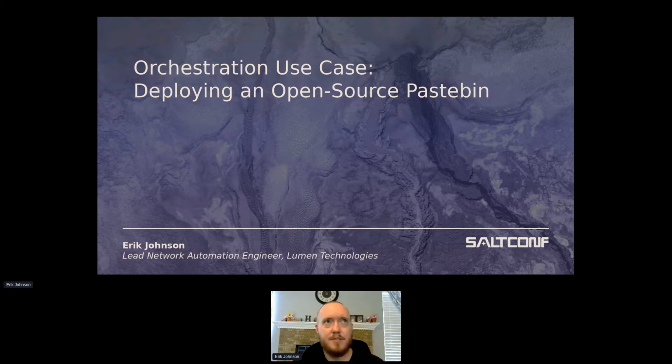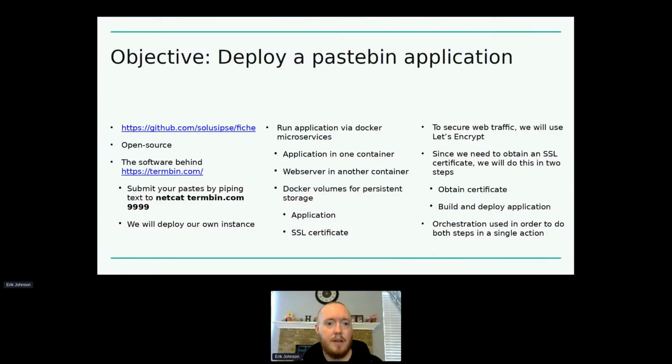In this case, we're going to be using Docker images, Docker volumes, and Docker containers, as well as orchestration. And we're also going to be requesting a Let's Encrypt SSL certificate, also to secure the application.